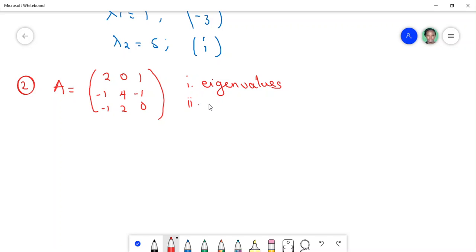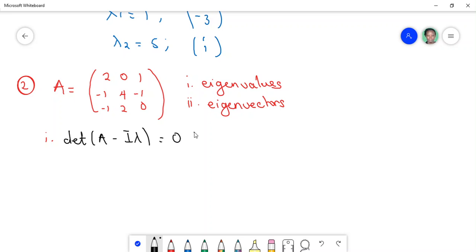So for lambda I, we have lambda 0 0, 0 lambda 0, 0 0 lambda.